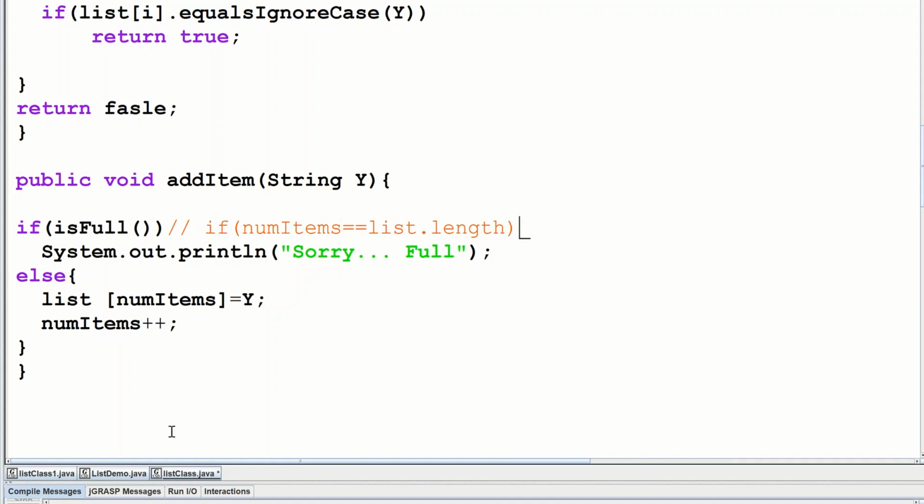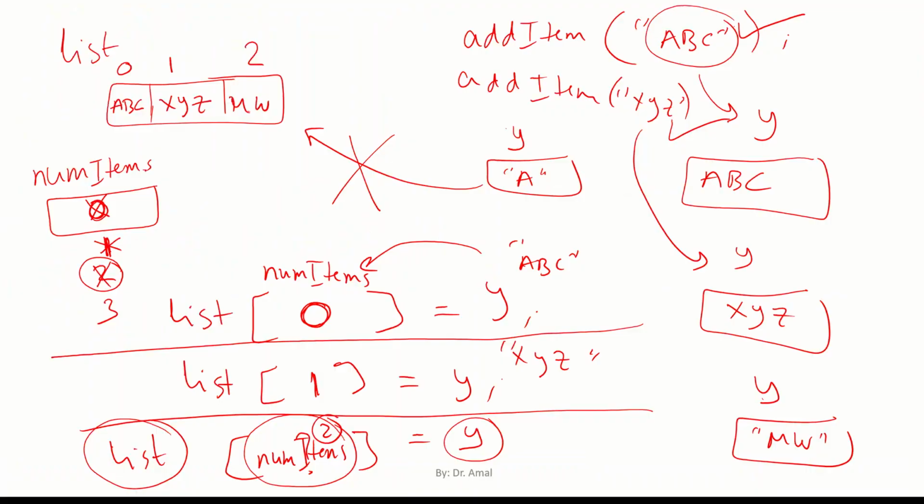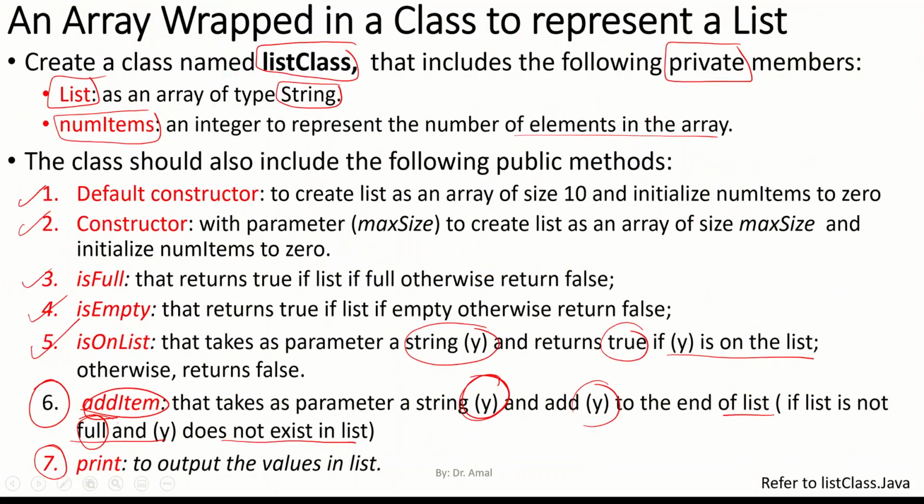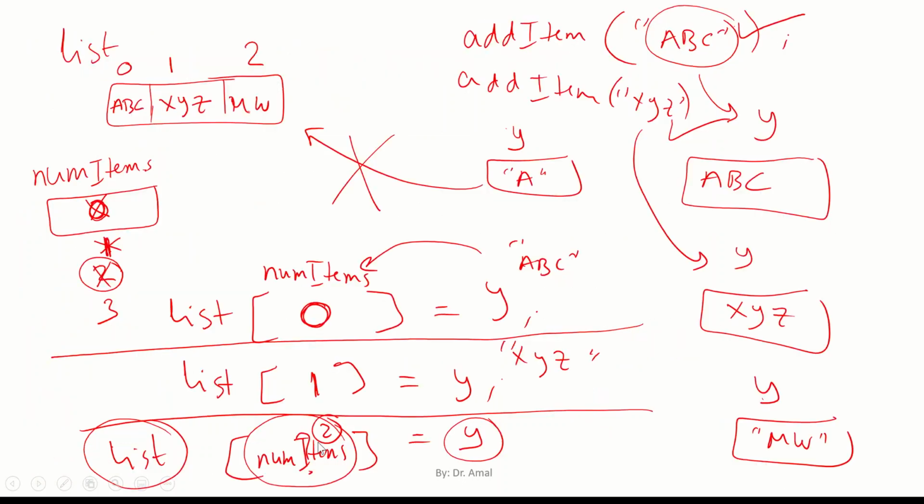We have another condition that says also that y should not exist in the list. Let's assume we have the following case. Let's assume that this is our array, which is of 3 elements, and we have number of items.